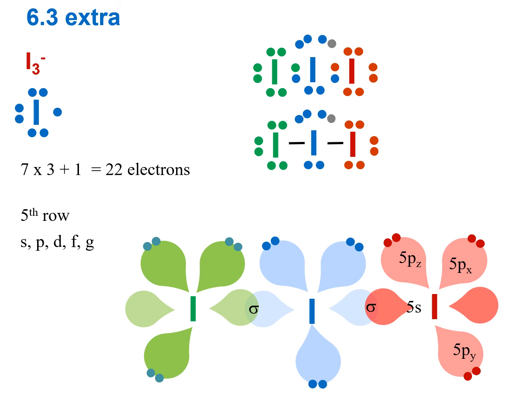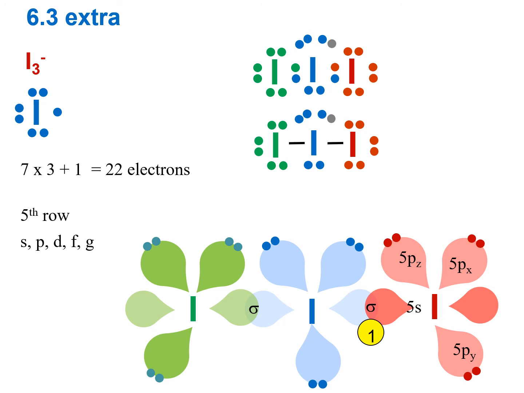Now what about the central iodine? This is where the monkey business is happening. So what's happening here? Well, how many pairs of electrons does this central iodine need to find homes for?